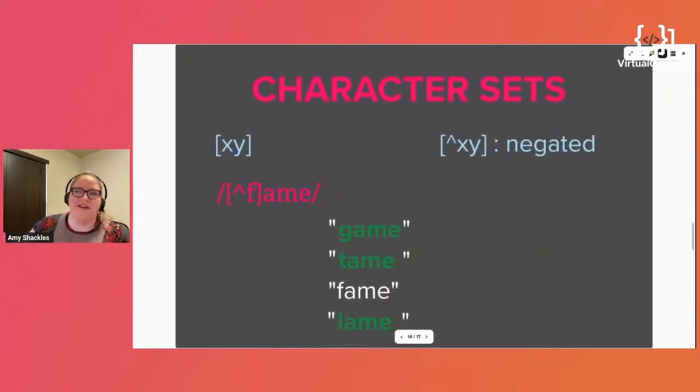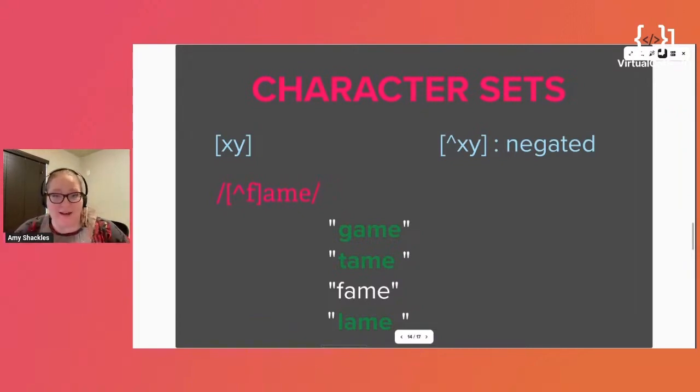So we also have character sets. A character set is like having a disjunction between different options if you have multiple options. So in this case, [xy] is the same as x disjunction y. But you could have multiple things in a character set to denote things that you want to match against for that character.